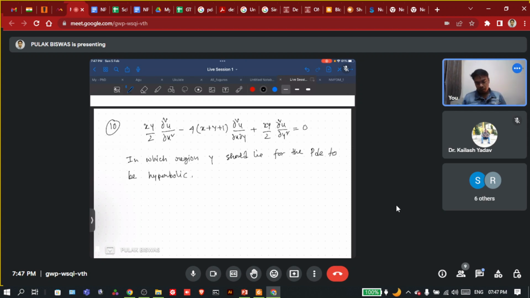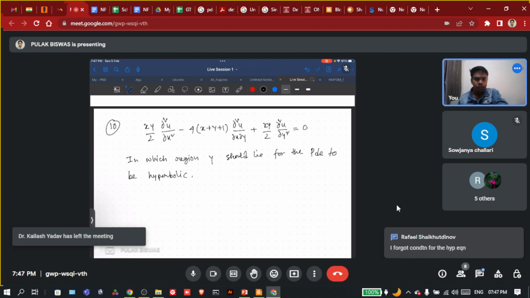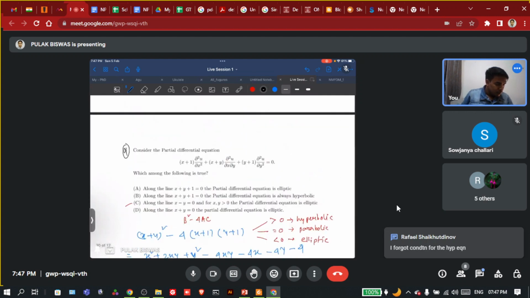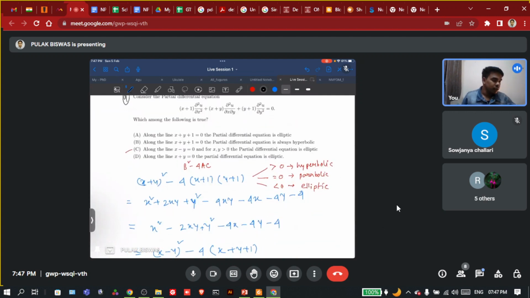Can we do this one in the same way as the previous one? Try this one. The condition for hyperbolic, it should be greater than 0. This one.